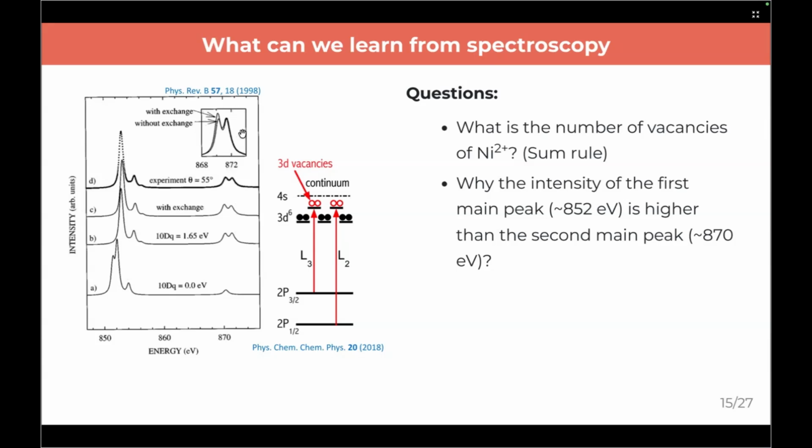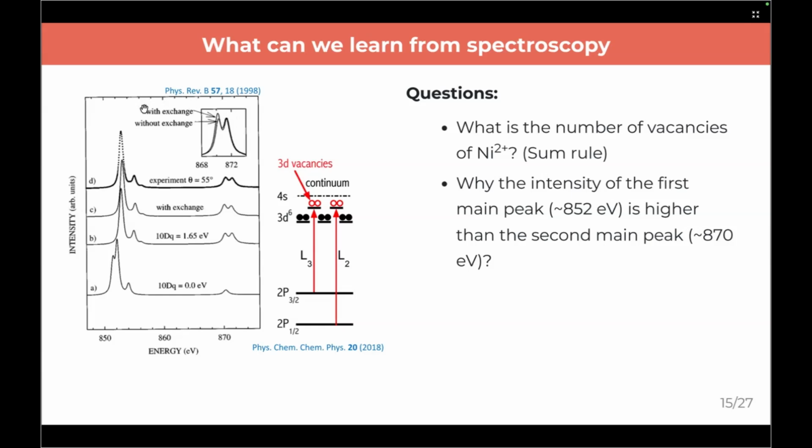But the paper also mentions a very subtle difference on the second peak if you do not include the exchange coupling. The surrounding Ni atoms impose an exchange field caused by the spin interaction among the Ni atoms.